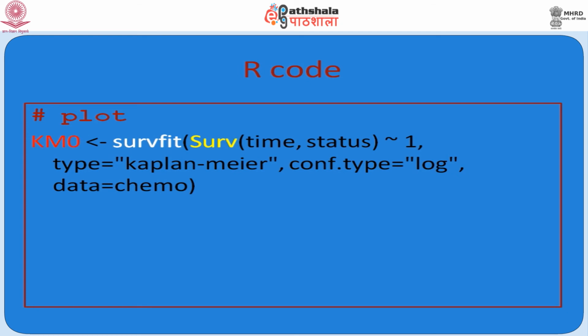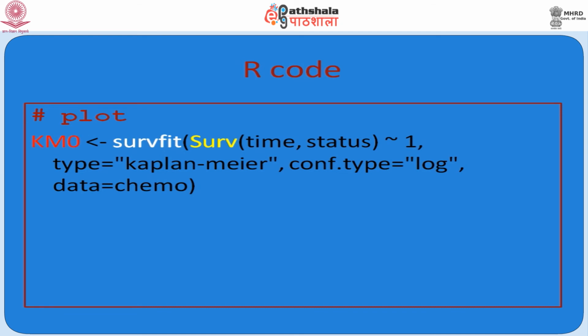In the recent version you may put the type also to get the type of survival difference. After that, we are assigning type equals Kaplan-Meier, conf.type as log, and data equals km0.